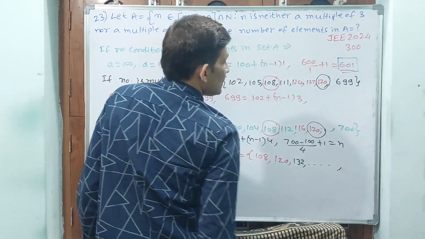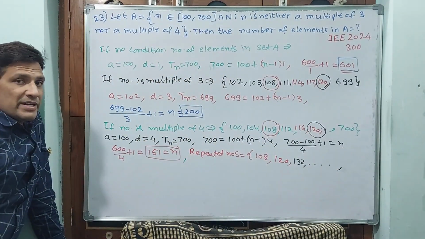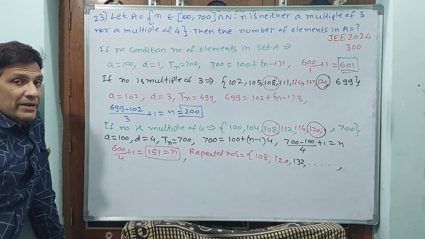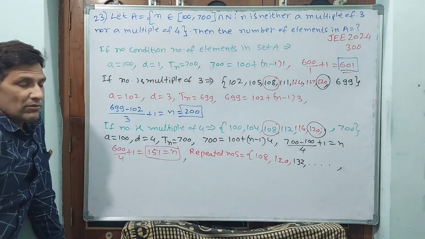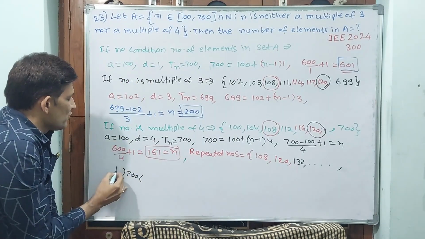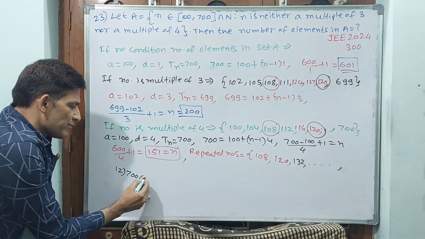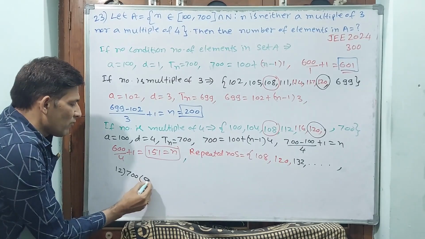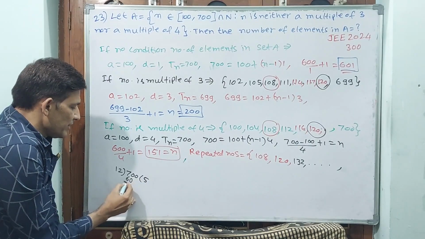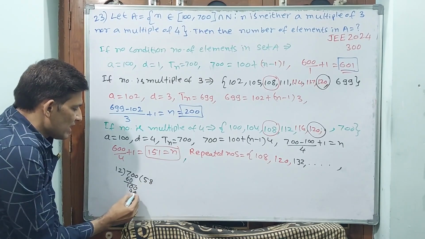Afterwards, how are we going to find the last number? 700 is not going to be divisible by 12. Why? Because these are multiples of 12. See how I am doing. The last number is 700, you divide it by 12. 12 sixes are 72. 12 fives are 60. 12 eights are 96.